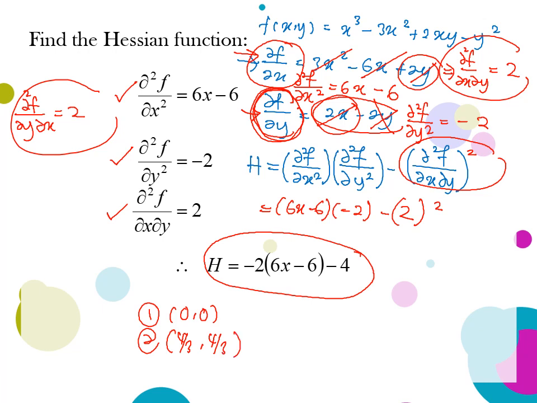You need to substitute all these points, one by one, each of the points into the Hessian. So substitute what x is. You don't need y here because you have no y in the Hessian here, so that will give you the value of the Hessian. Same goes to the second point. Okay, so let's go to the next slide.